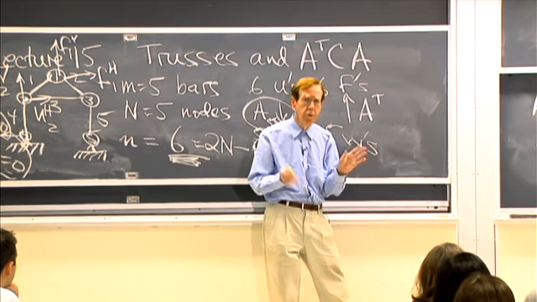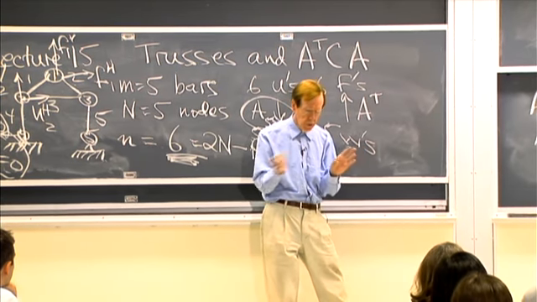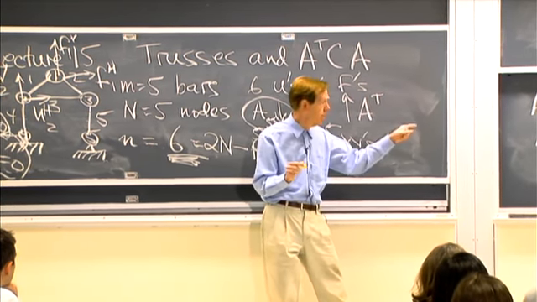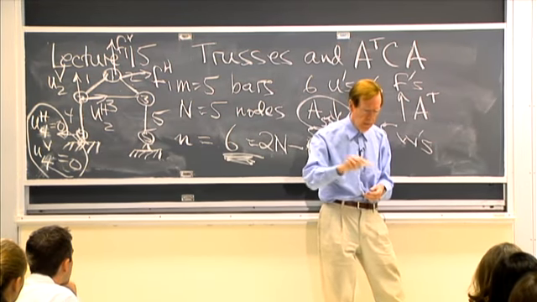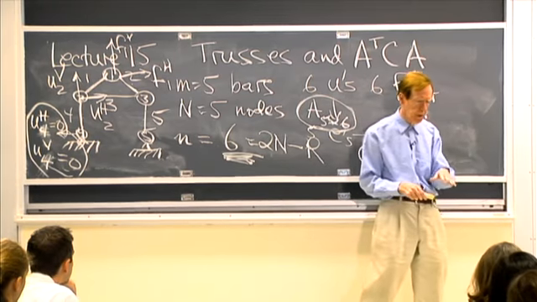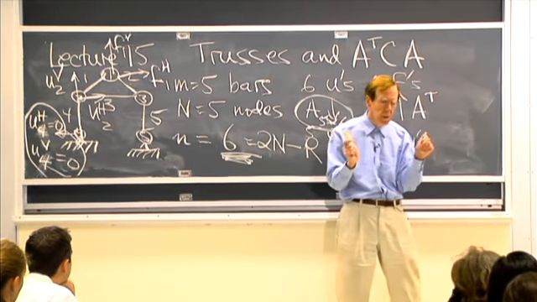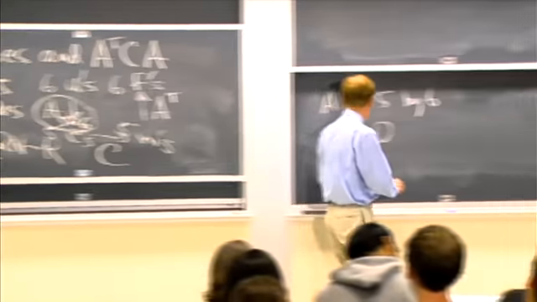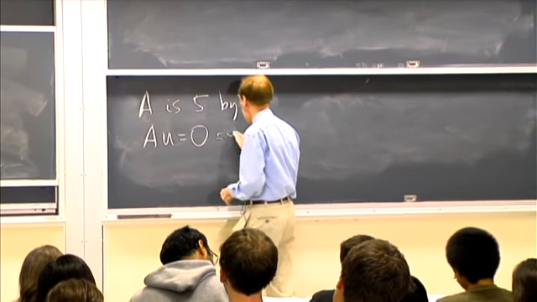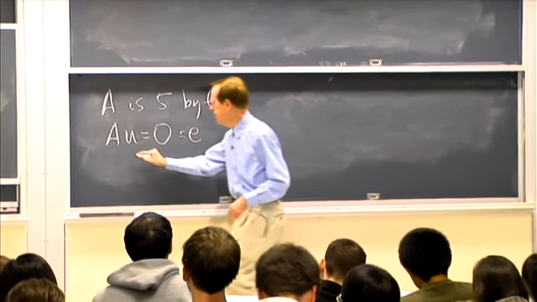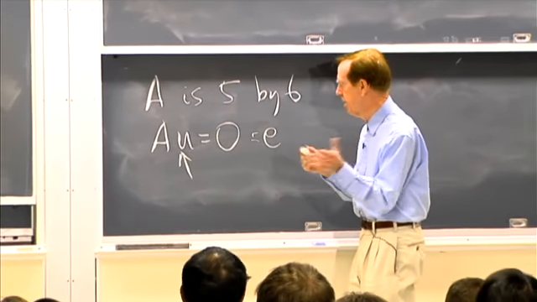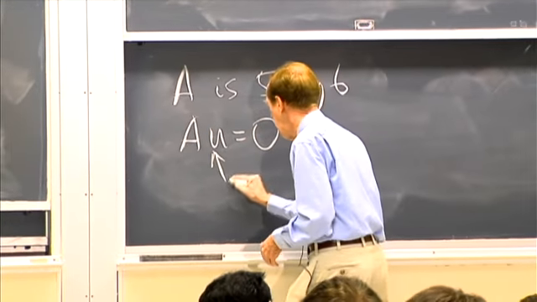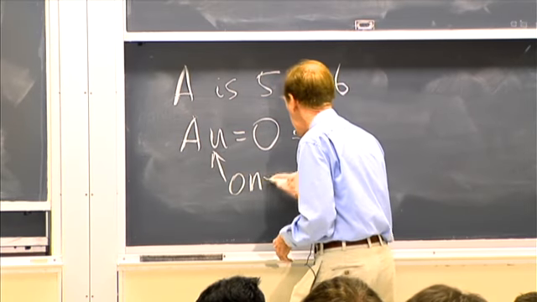Okay, so if I have 0 U's and 0 E's, but what other possibility am I going to have here? I'm going to have probably one solution to this system that isn't 0. I'm probably going to have one set of displacements U. Look what's happening here. This is AU is the E. So I'm going to have at least one, and probably in this case it will be one.